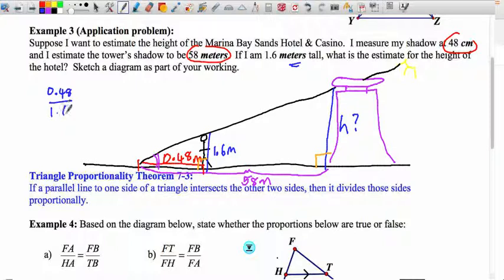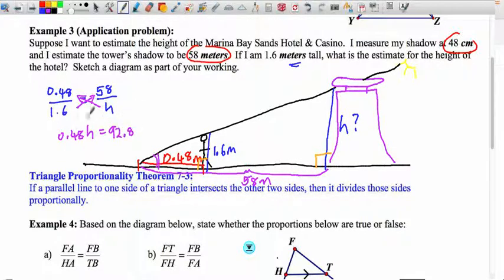So I can say 0.48 divided by 1.6 is equal to, and so we've gone shadow on the ground to height equals shadow on the ground to height, and now we're going to solve for h by cross multiplying. That gives us 0.48h, which is going to be equal to 58 multiplied by 1.6, which is going to give us 92.8.